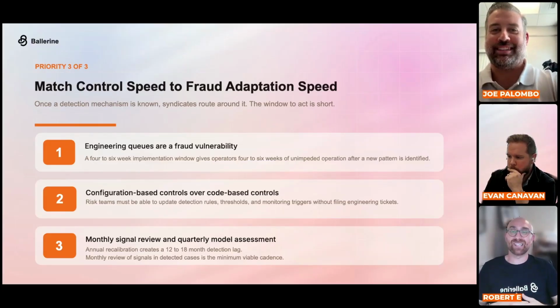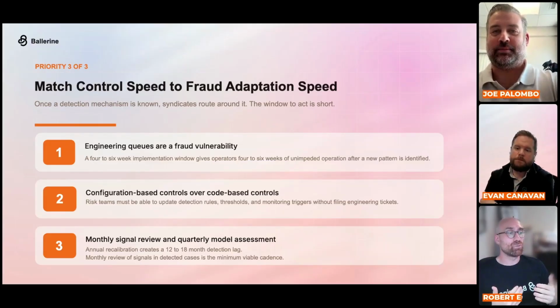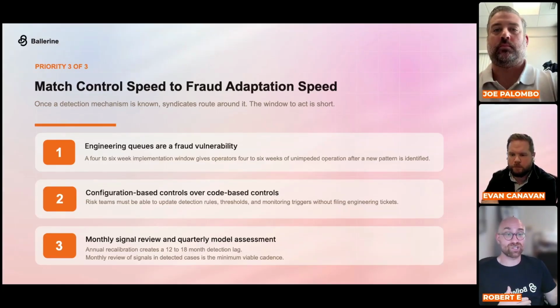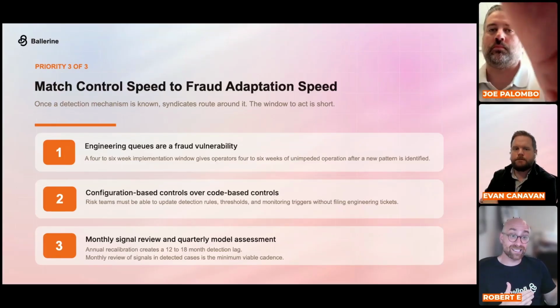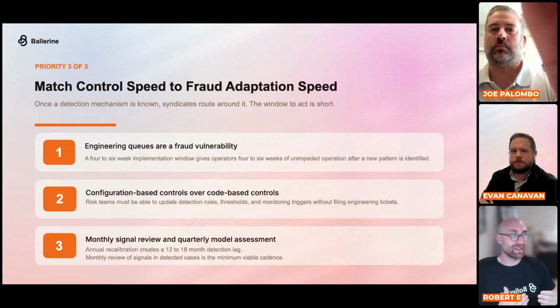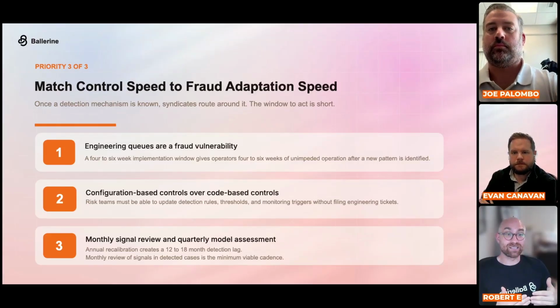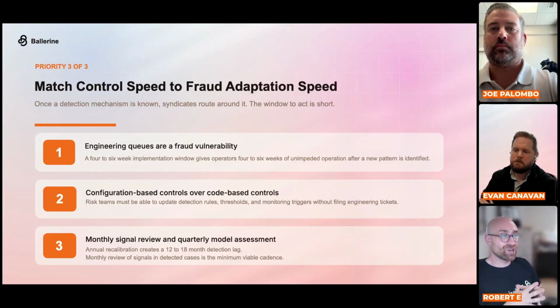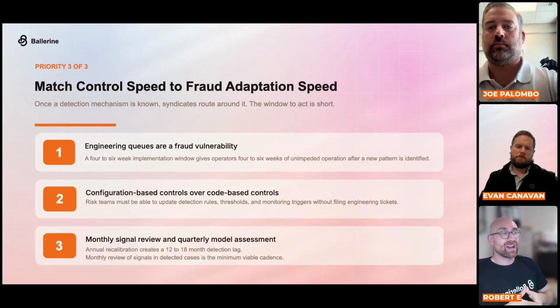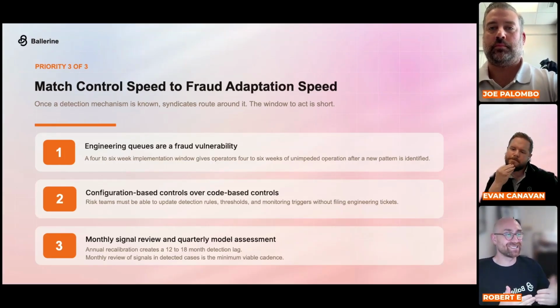So I was just mentioning how we can adapt our programs to match how different fraud typologies are changing, and how you keep this dynamic game we're playing reflected in the detection framework. So Joe, how do you view building a program that can keep up with these different fraud patterns and evolve?